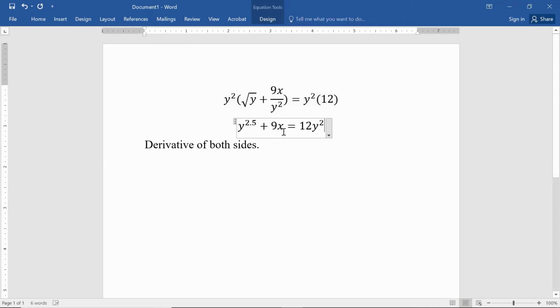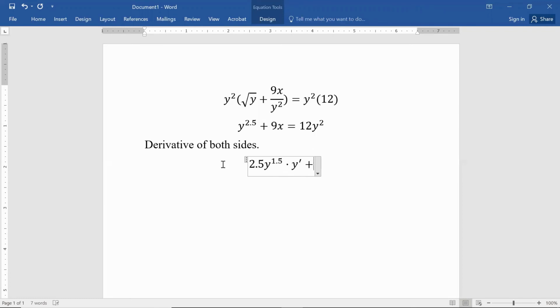Notice taking derivatives of both sides now is going to be a lot easier than dealing with taking derivatives of my original equation. So let's go ahead and do that. When I take a derivative of the left-hand side, I'll get 2.5 y to the 1.5 times derivative of the inside function, which is y prime.